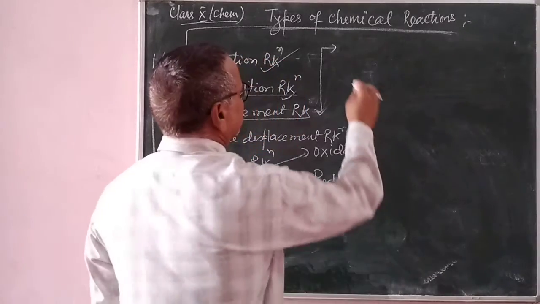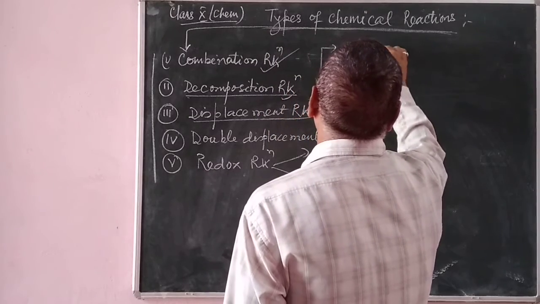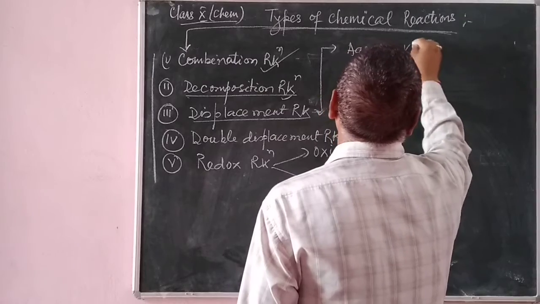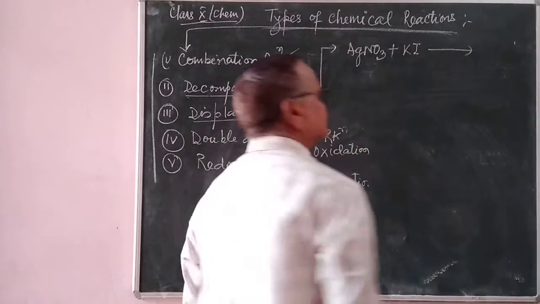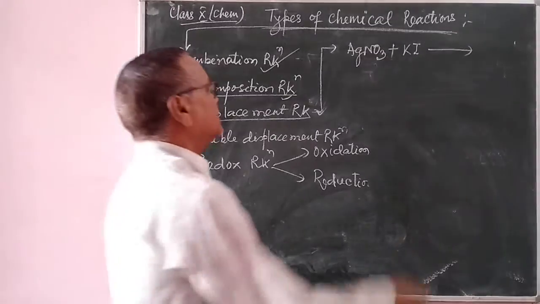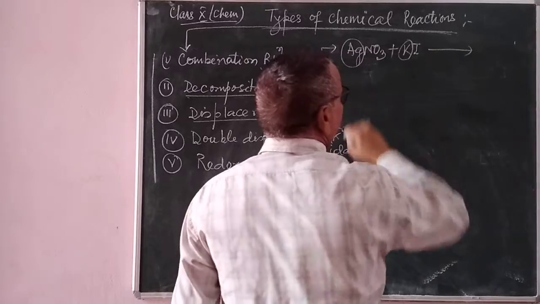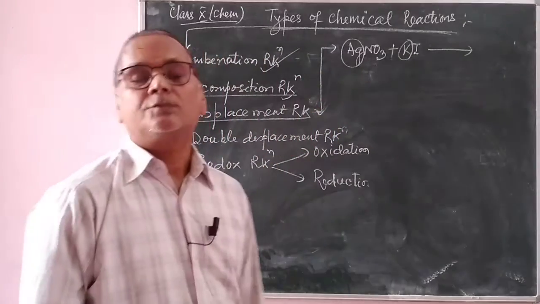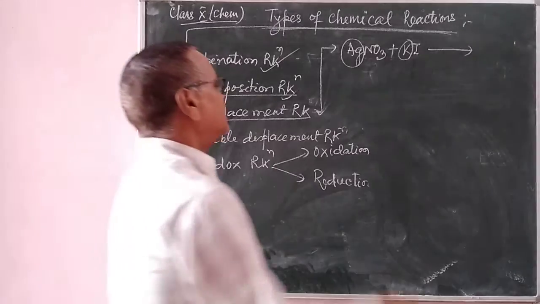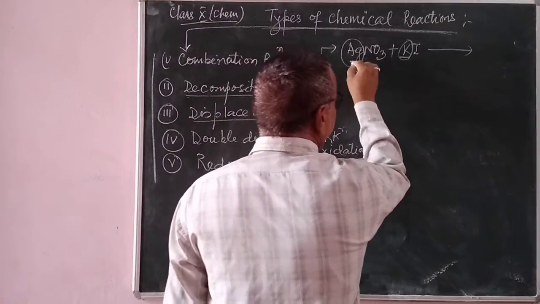As an example, suppose we have AgNO3, silver nitrate solution, and potassium iodide, an aqueous solution. Then what will happen? Here silver is a cation and potassium is a cation, both have the same charge and both show metallic nature. So these two ions exchange their places.